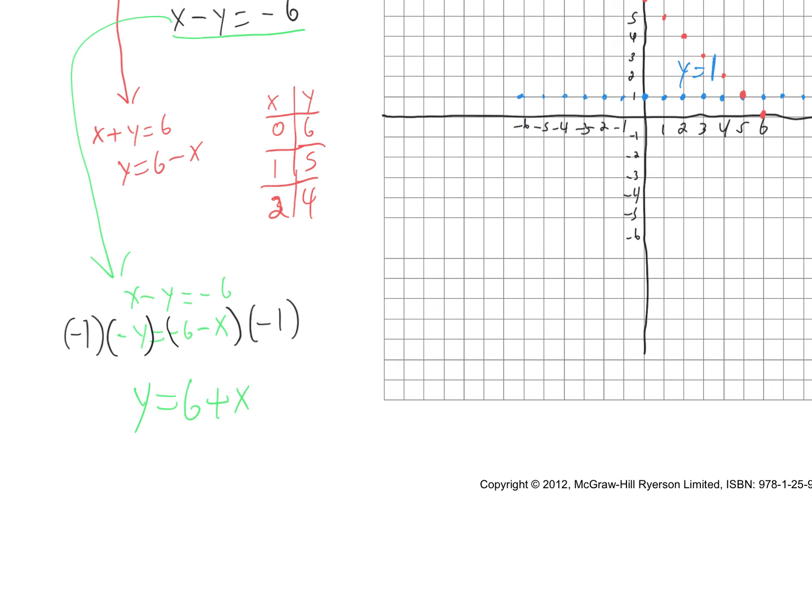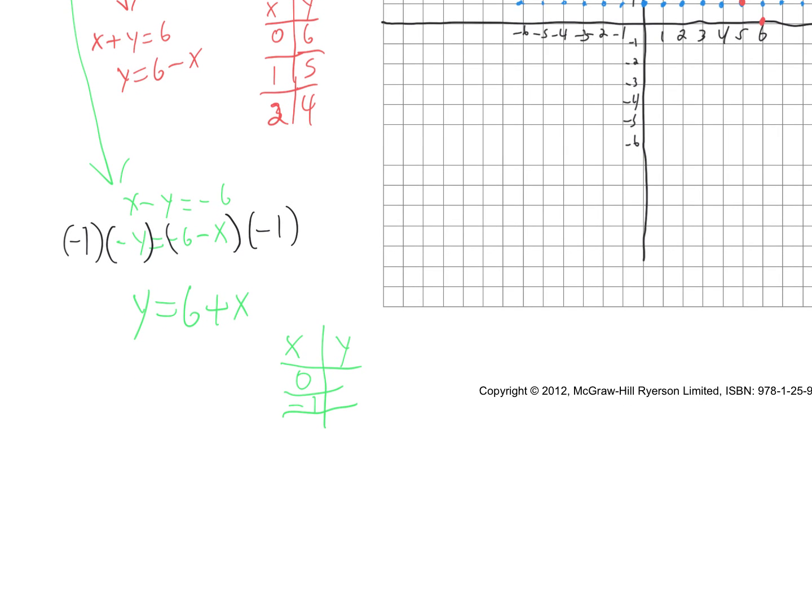So now that we have the equation, we can make a table of values. This time, when we make our table of values, we're going to say if x is 0, if x is negative 1, and if x is negative 2, and we put it in there, 6 plus 0 is still 6. 6 plus negative 1 is 5. 6 plus negative 2 is 4.